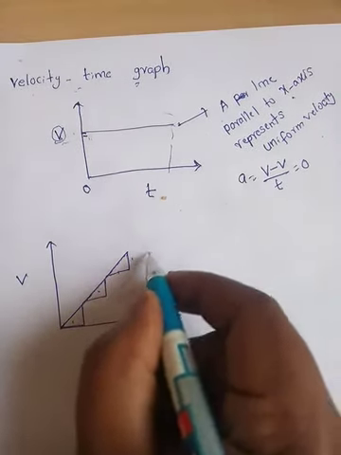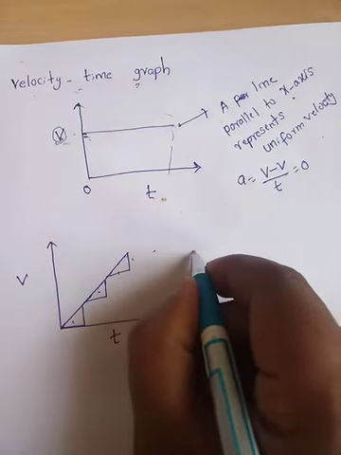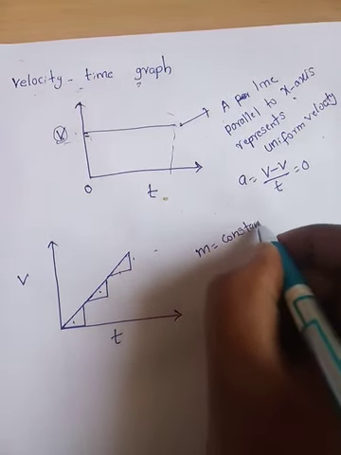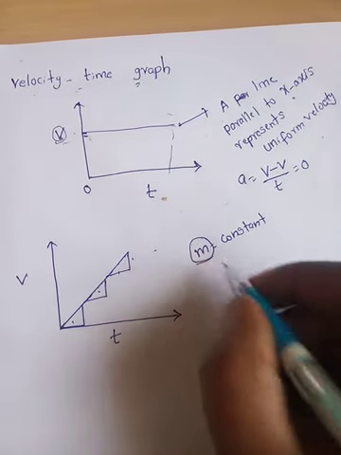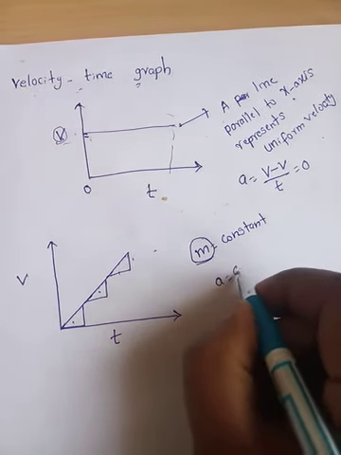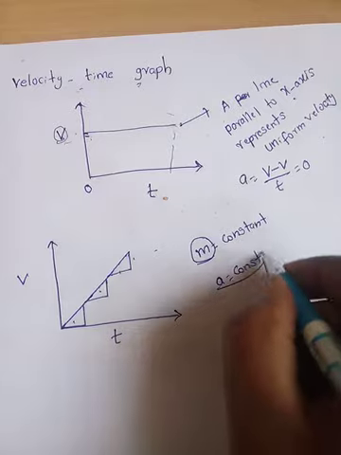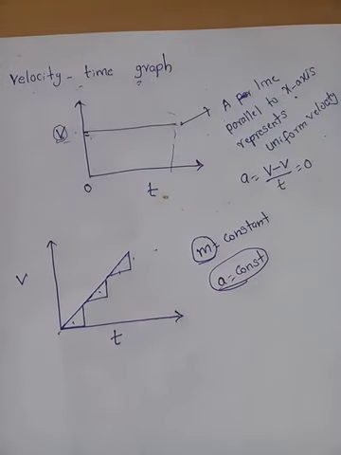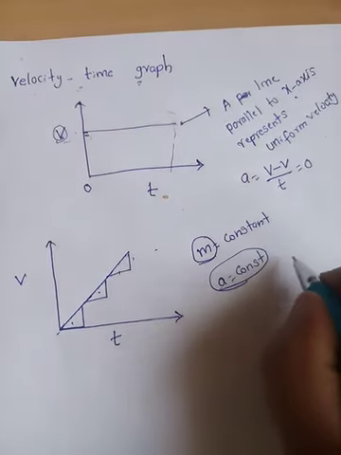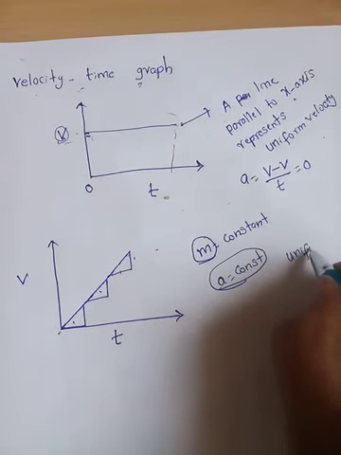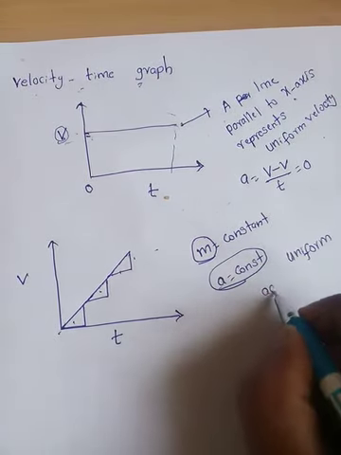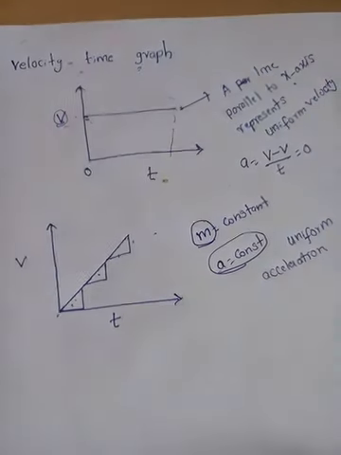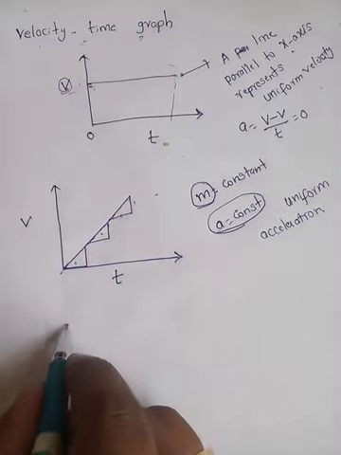In all cases the slope is constant. So m is constant, and we have already proved that m equals average velocity, so acceleration is constant. If a graph represents a line passing through the origin, then the body is moving with uniform acceleration.